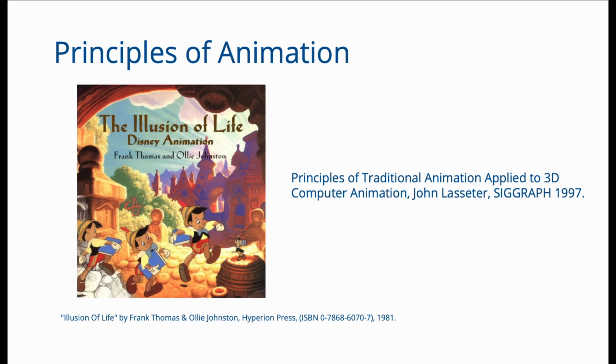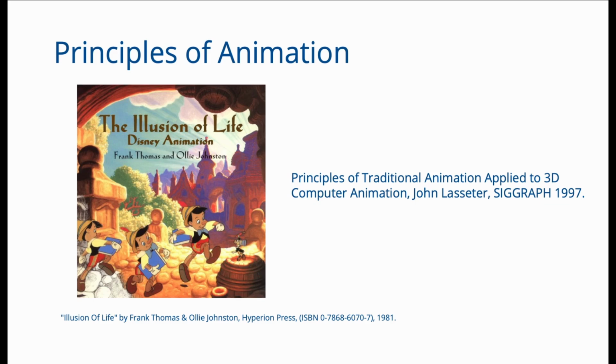But in the early years of Disney, there were master animators who put in a lot of work to try and figure out these principles of animation. Two of them, Frank Thomas and Ollie Johnston, wrote a book called The Illusion of Life, where they wrote about all these principles.